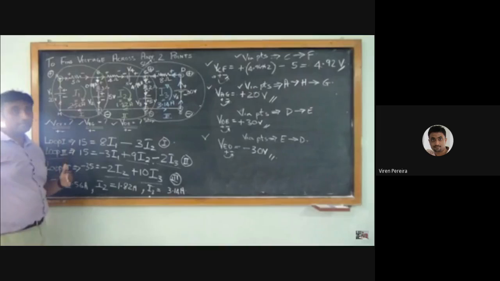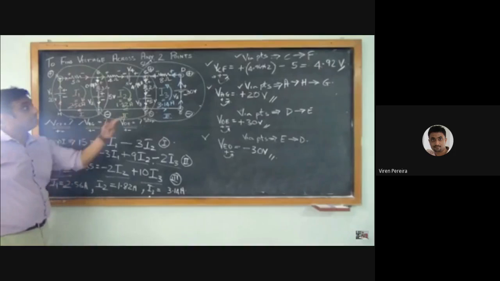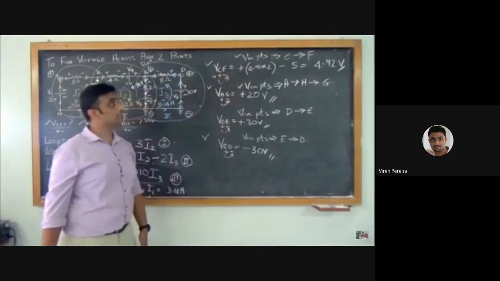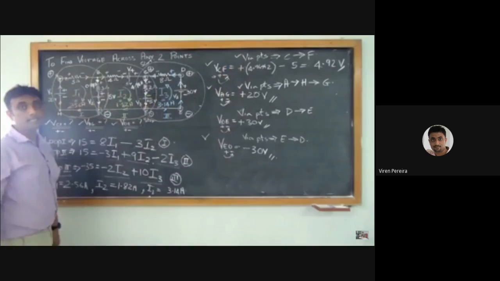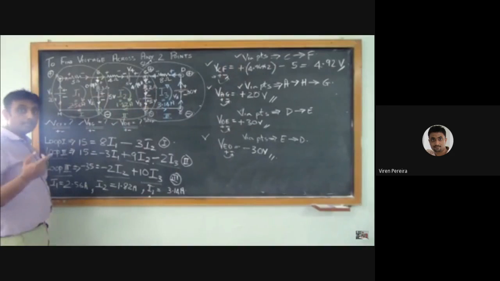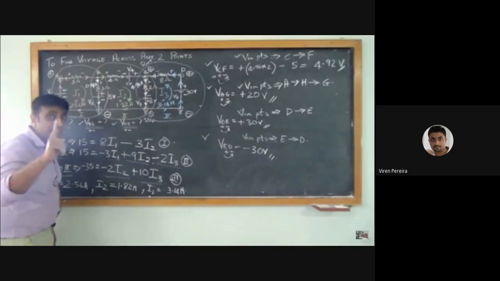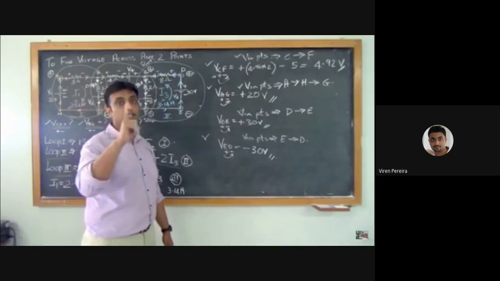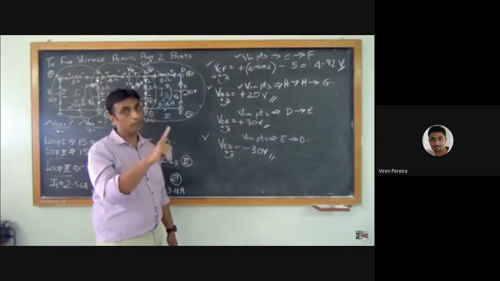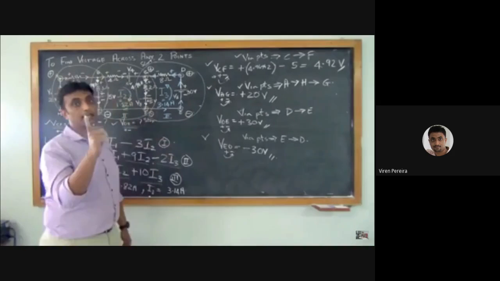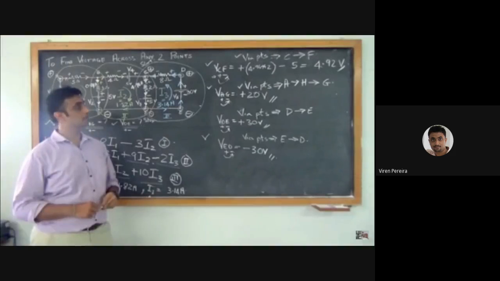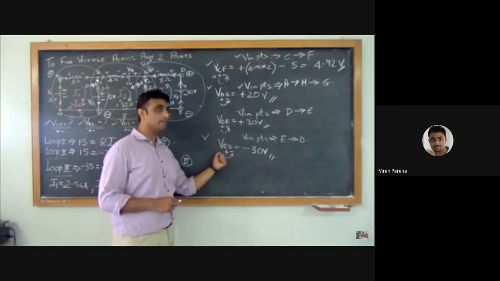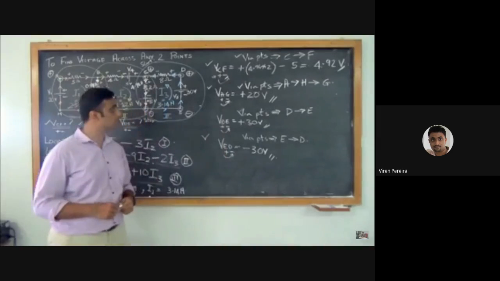So that means VFC is minus 4.92. So when you are interchanging the terminals, the magnitudes will remain same, only the polarities will change. So your positive will become negative and negative will become positive. So in the same way, how we got VED equals to plus 30 volts, VDE equals to minus 30 volts.